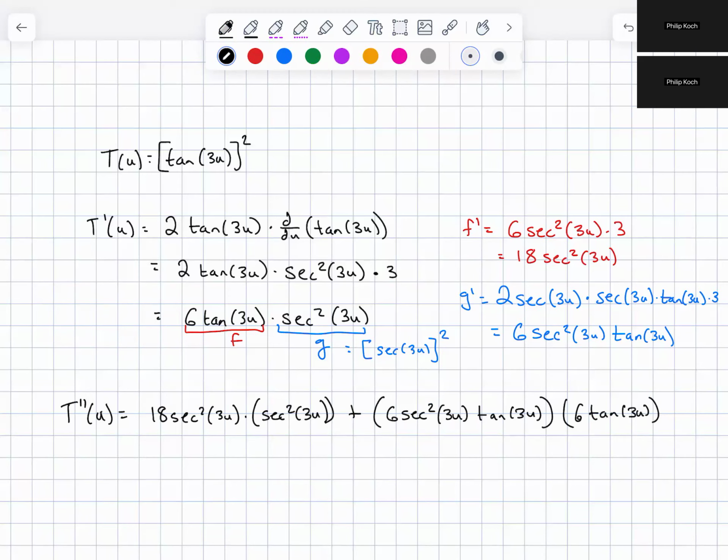At the end of the day, that's 18 secant to the 4th of 3u plus 36 secant squared 3u tangent squared 3u. And that's T double prime.